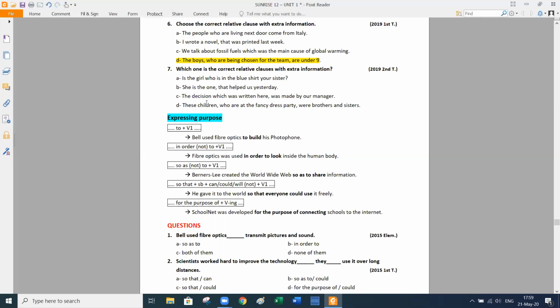C says the decision which was written here was made by our manager. The decision, we need a comma here, which was written here. We have the second comma, but not the first comma. So that's wrong. And D says these children, comma, who are at the fancy dress party, comma, were brothers and sisters.